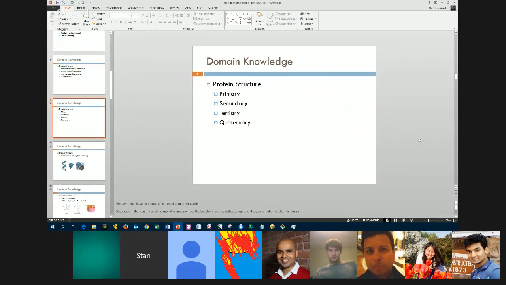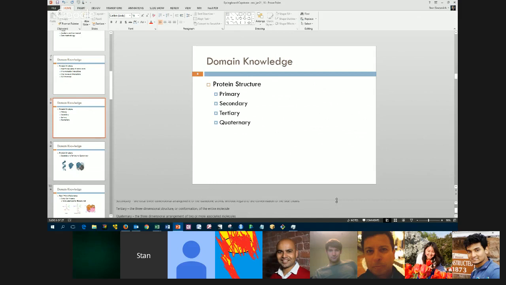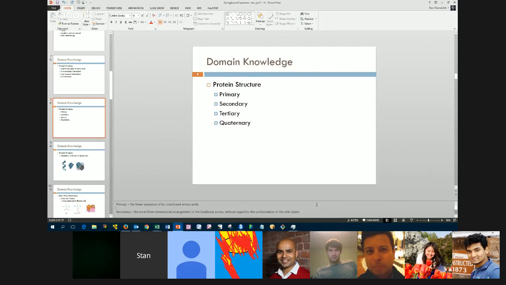So when we talk about protein structure, we talk about 4 areas. The primary structure, which is the linear sequence I just mentioned. The secondary structure, which is the local three-dimensional arrangement of the backbone atoms in this long polymer chain.